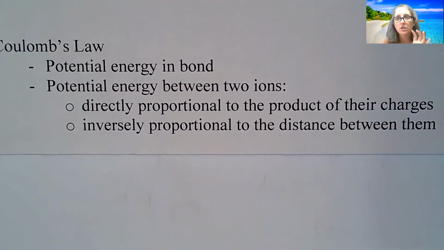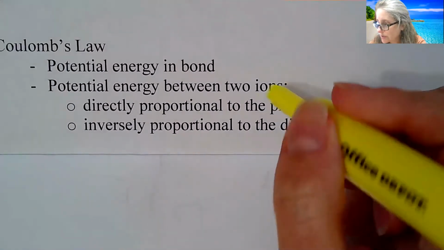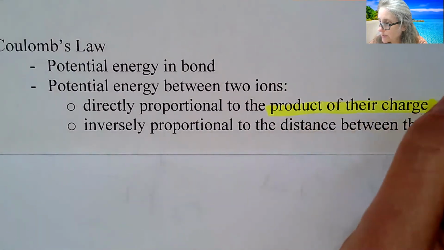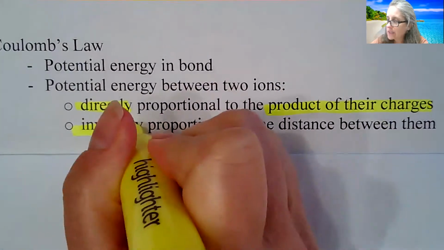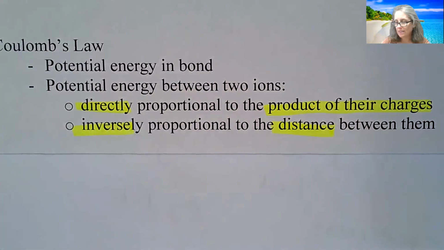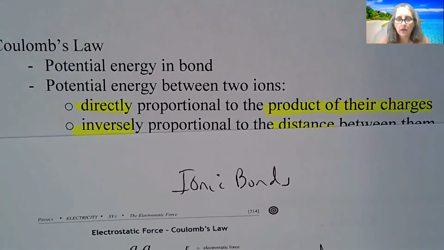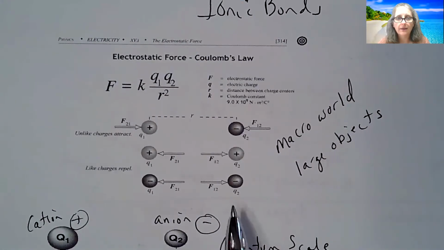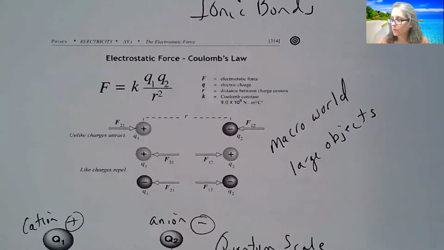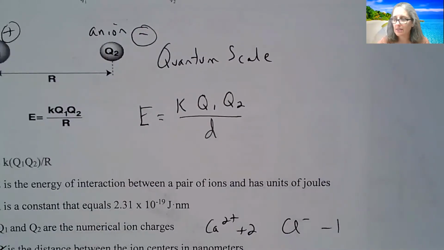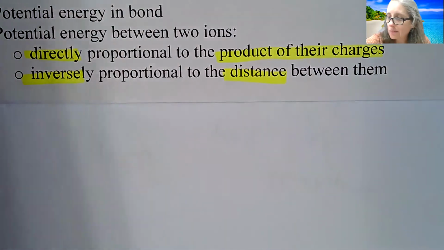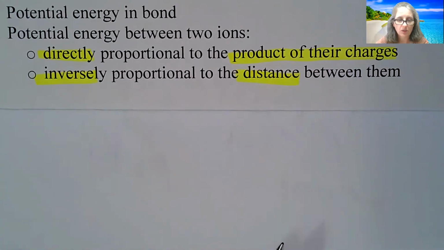So again, it's going to be Q times Q, the product of their charges. That's a direct relationship, while there's an inverse relationship with distance. And please note, if you did not notice, when you did Coulomb's law in physics, R was squared, or the distance was squared. Here, the distance is not going to be squared. We are just talking about the distance between them.